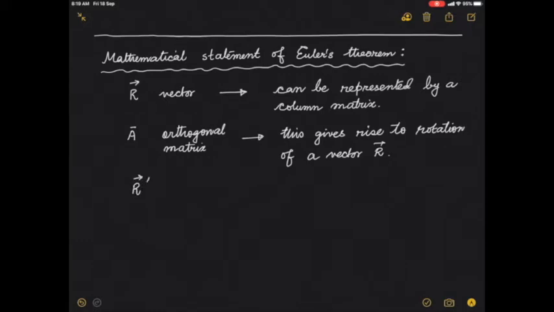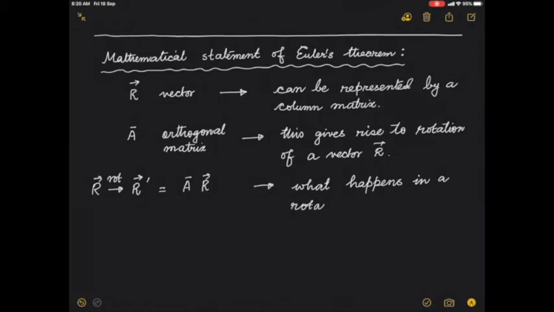So rotation means r by rotation goes to r prime, which is given by A times r. This is what happens in a rotation.